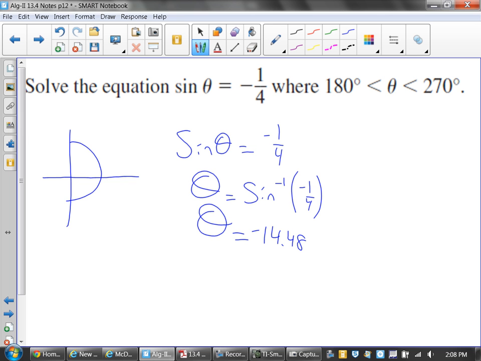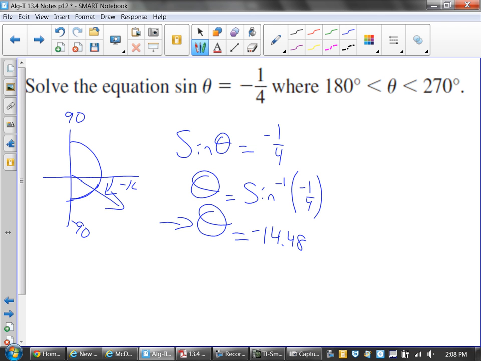Again, what's happening here is sine values are always found between the first and fourth quadrant, between positive 90 and negative 90 degrees. This one gave us negative 14.48, which means it's in the fourth quadrant.